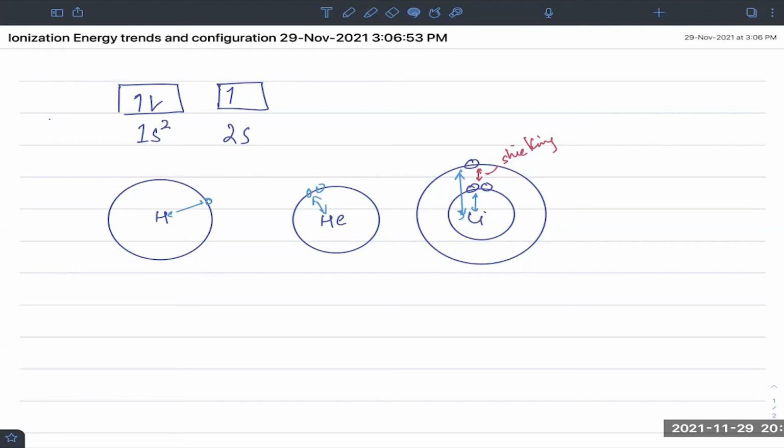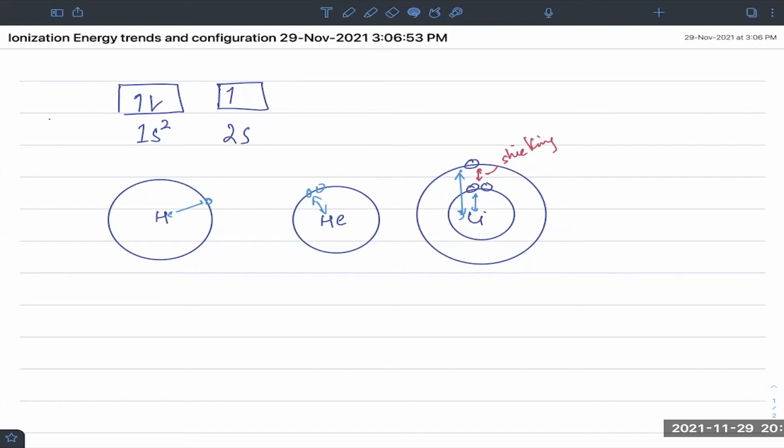So two main factors here. The charge is increasing, which will decrease the size of the atom, but the shielding is also increasing, which will increase the size. And shielding is the more effective one in this case. So shielding increases, and effective nuclear charge increases, but distance also increases because the shell is much bigger.